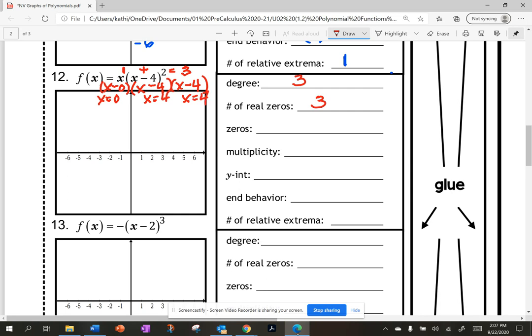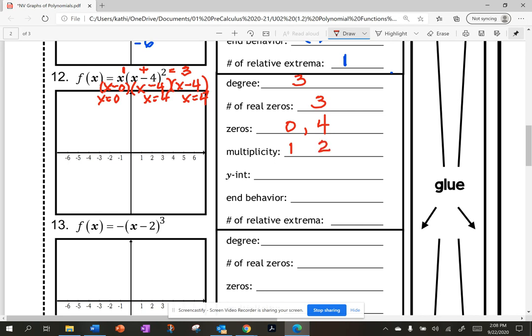So writing these from least to greatest, my zeros are 0 and 4. I can see the multiplicity is the power that I'm raising the factor to. So I'm raising x minus 0 to the first power, so I know I have a multiplicity of 1. And x minus 4, I am raising to the second power, so I have a multiplicity of 2.